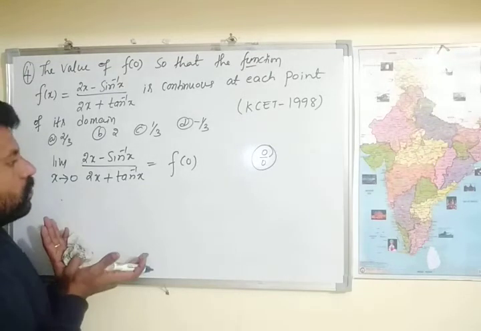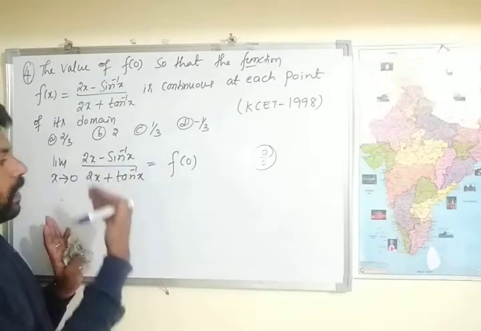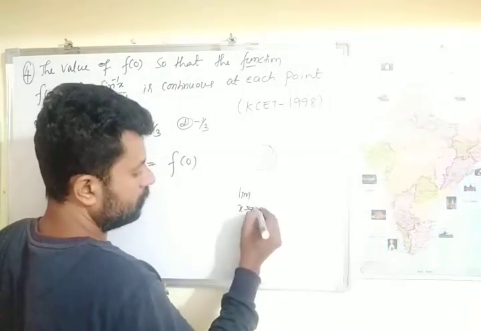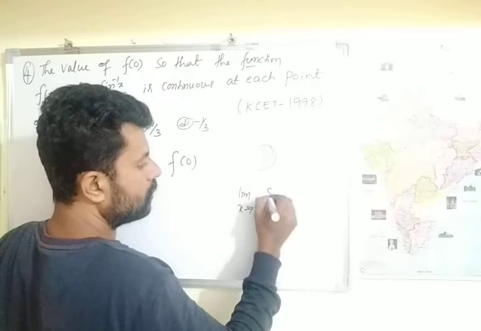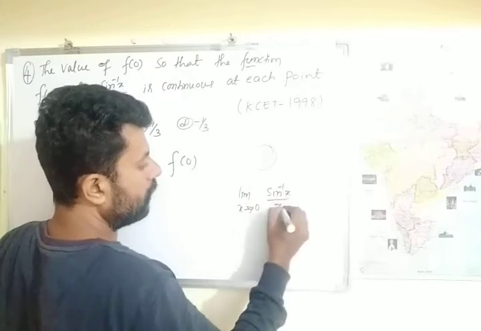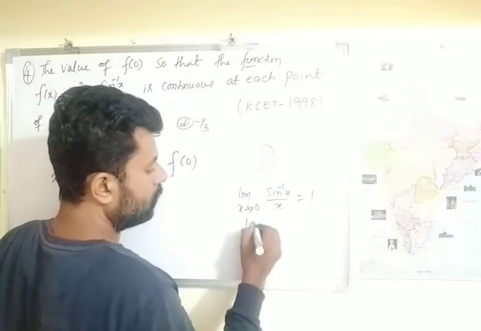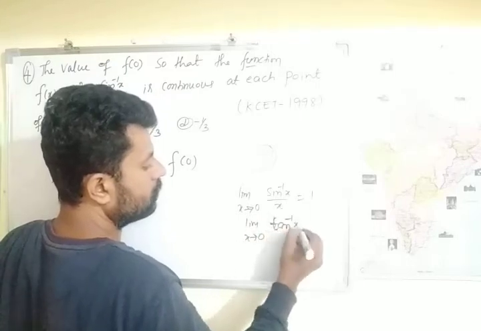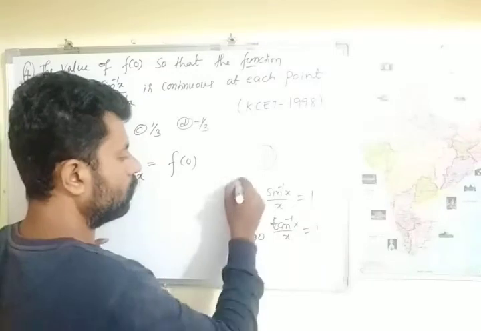Otherwise you can divide both numerator and denominator. We know these standard results: limit x tends to 0 of sin inverse of x divided by x is equal to 1, and similarly limit x tends to 0 of tan inverse of x divided by x is also equal to 1.